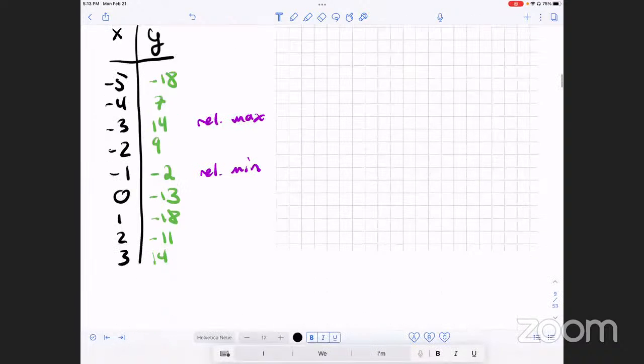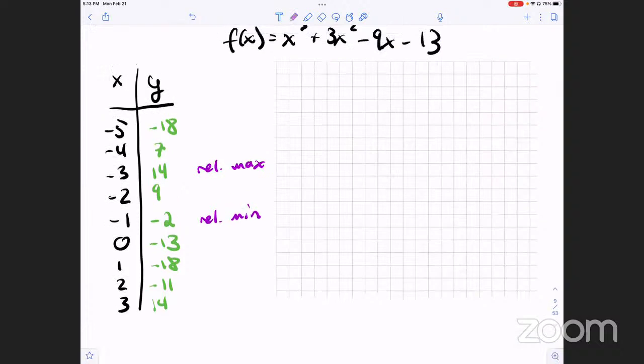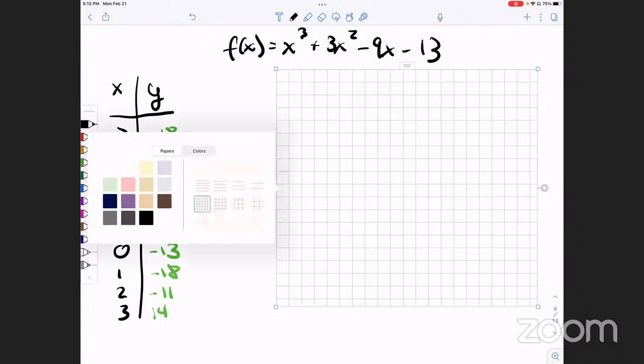So let's see our x values. We went from -5 to 3, that's fine. Our y values went from like -20 to 20. Okay, so we can go like -5 to 5 on the x's and -20 to 20 on the y. So let's do this paper.